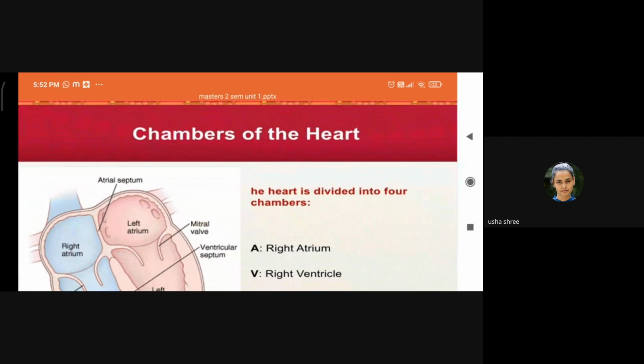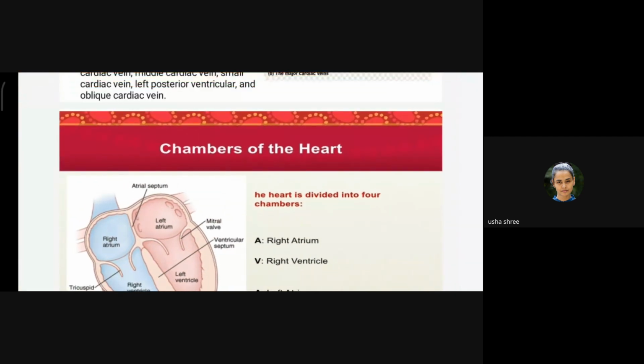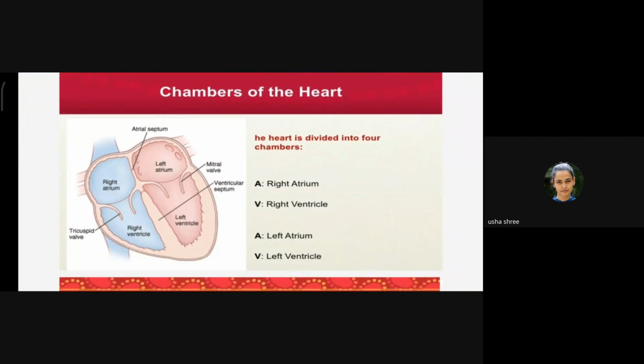Okay, now chambers of heart. Heart is divided into 4 chambers. Those are right atrium, right ventricle, left atrium, left ventricle. Now you can see in this picture clearly what valves are. Here you can see mitral valve, that is bicuspid valve, opening in two ways, left and right.